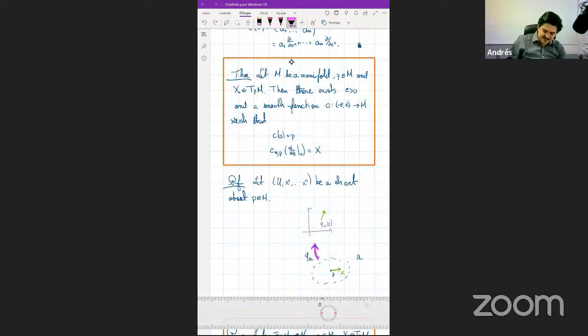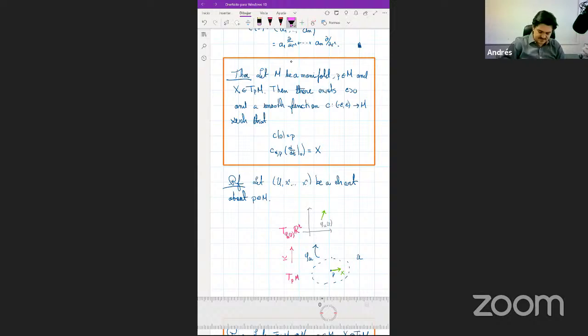So that means that here is a linear isomorphism to here. I have a linear isomorphism with the tangent spaces.